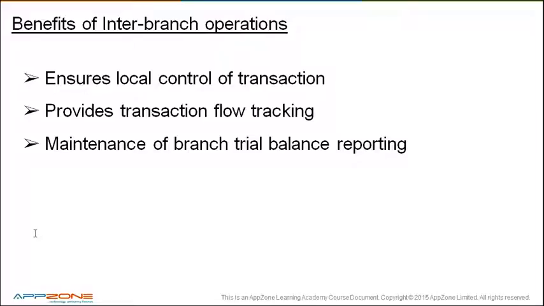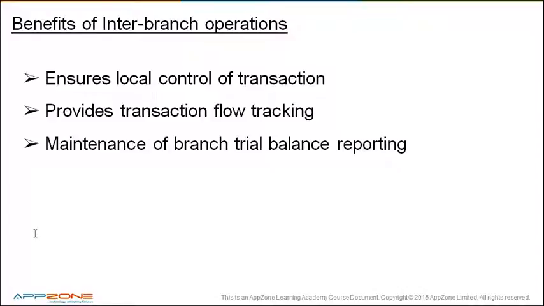It also provides transaction flow tracking. That is, for reconciliation purposes, if the head office is trying to move an asset from its books into the branch's books, the head office will perform its own posting.